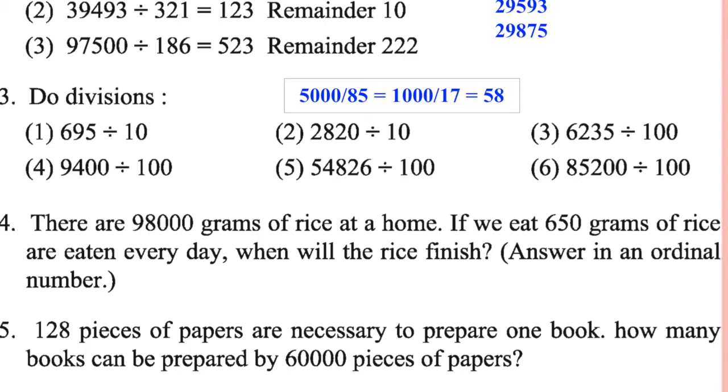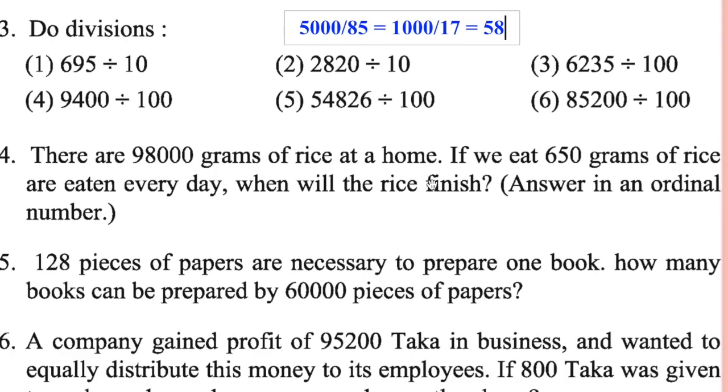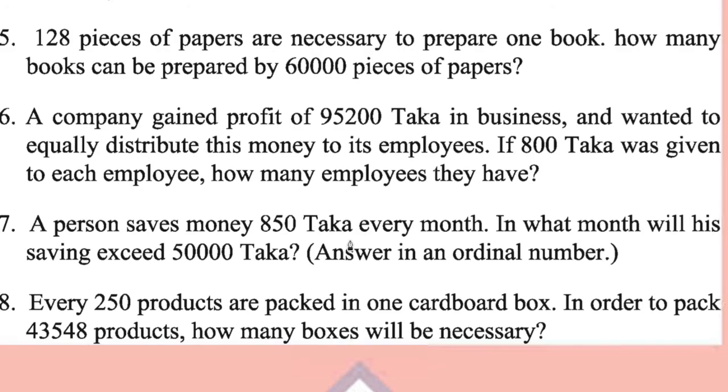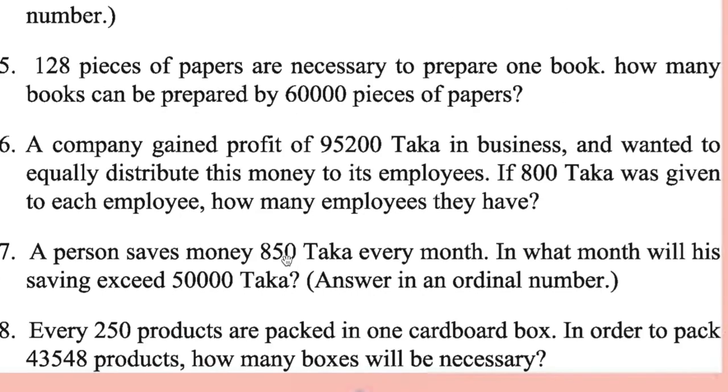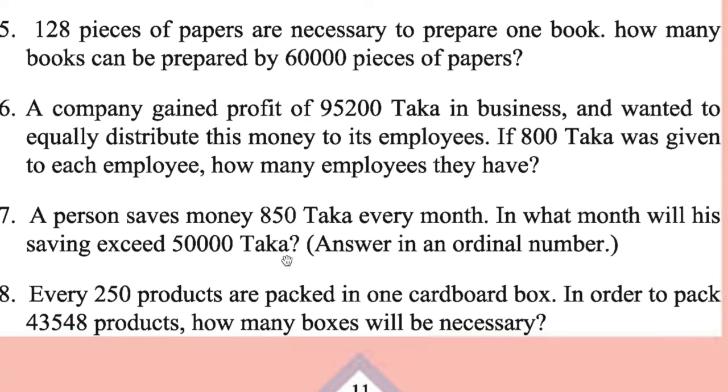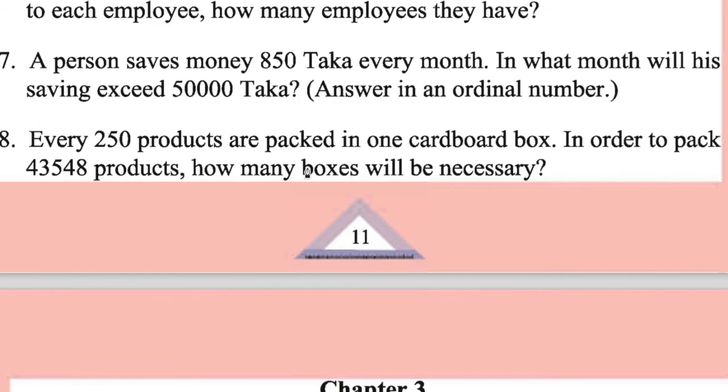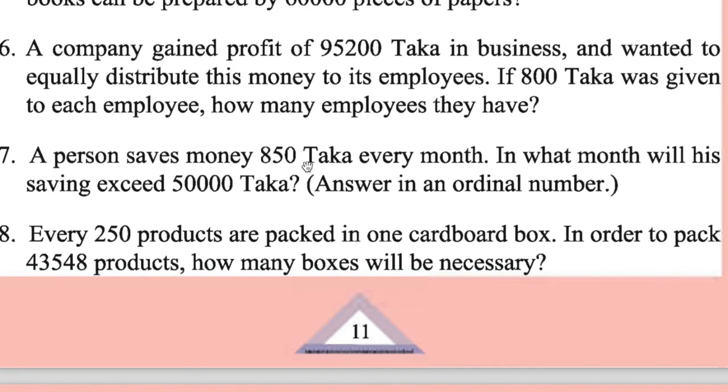So 59th month. Okay, 136 means 14. So in the 59th month his savings will exceed 50,000 taka. Okay, 59th, 58 plus 1.